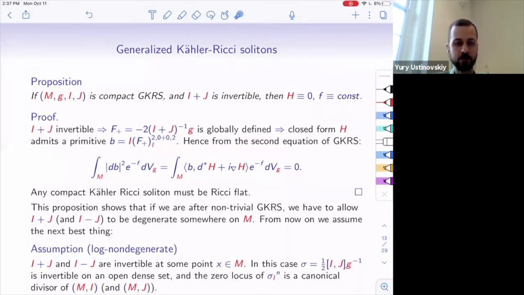The reason it will be contained in a proper analytic subset is that the locus where I plus j and I minus j are non-invertible is contained in the locus where the Poisson tensor is non-invertible, because the Poisson tensor contains just the product of these two operators.